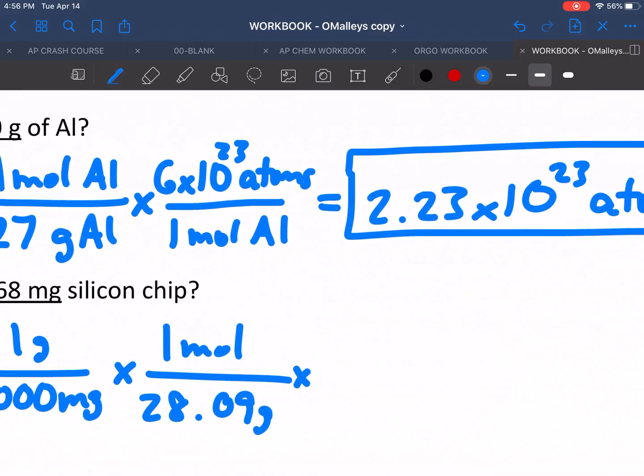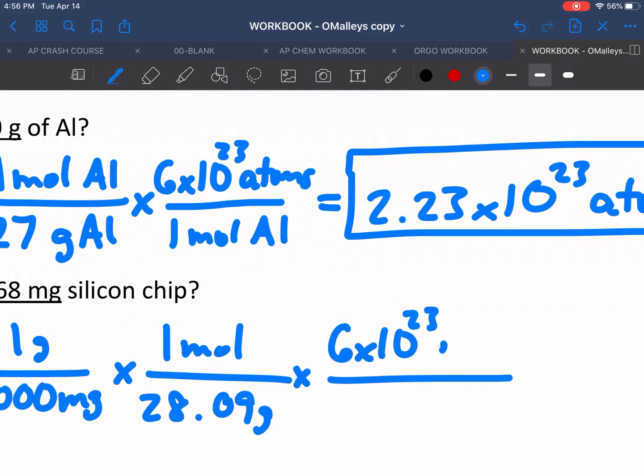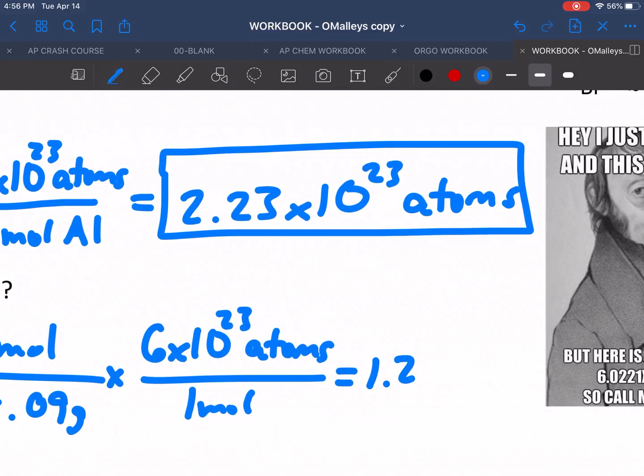And then we want to get into Avogadro's number of atoms per mole. And that gives me 1.22 times 10 to the, I think you get 20 atoms.